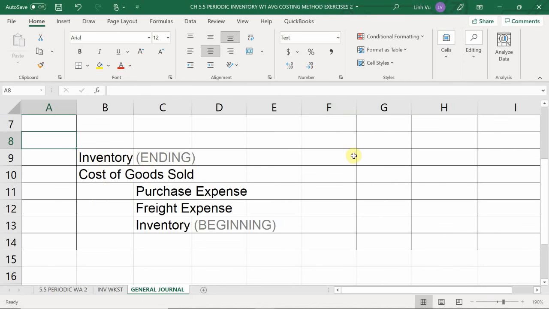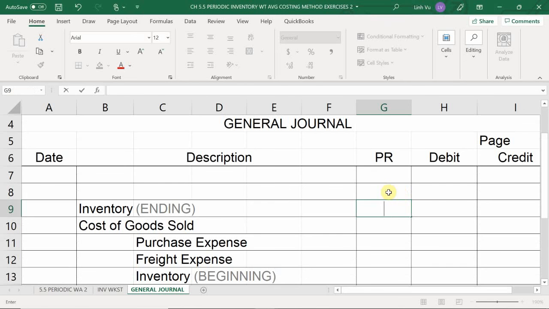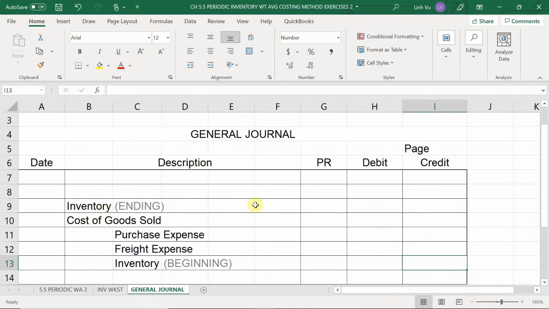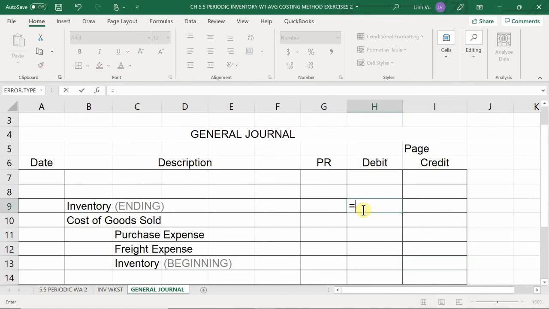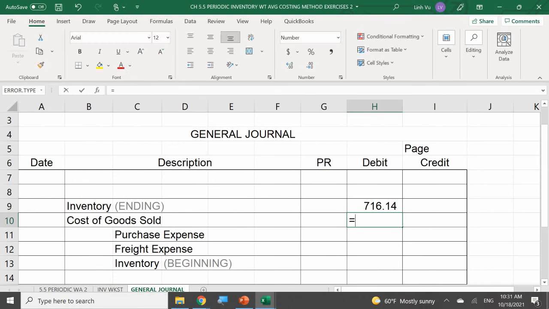So again, my ending inventory. I'm on the wrong box. Okay. So my ending inventory was 716.14, right? My cost of goods sold.